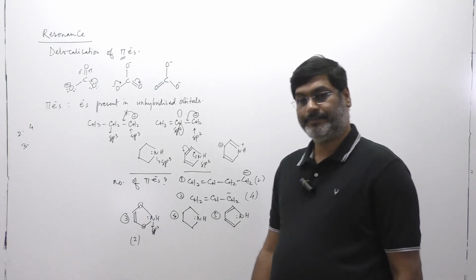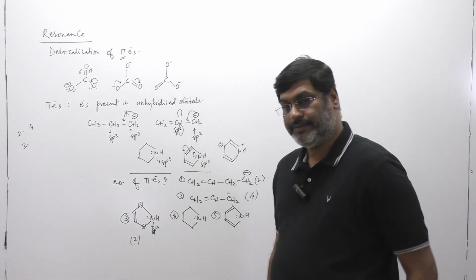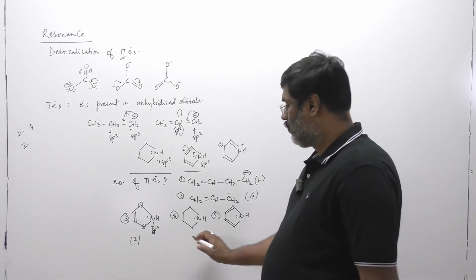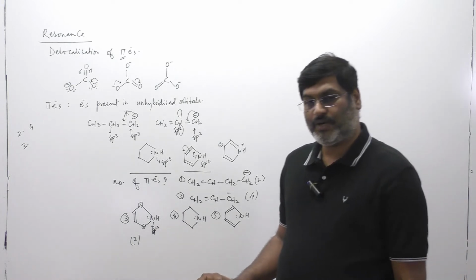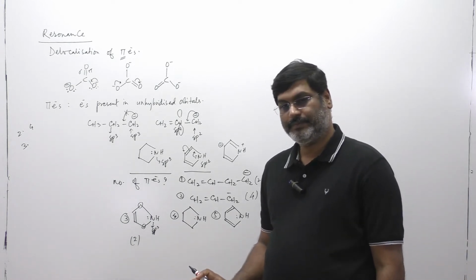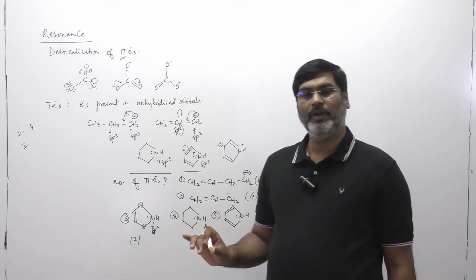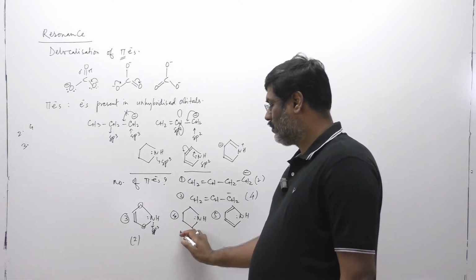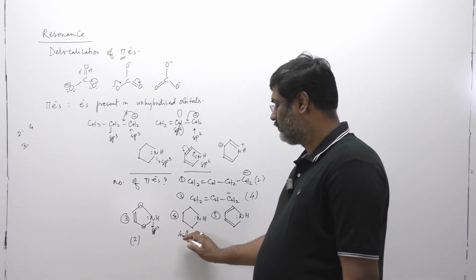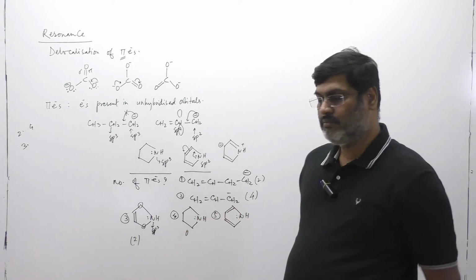Fourth one, how many pi electrons? Very good. 4, 0. In this case, no pi electrons.